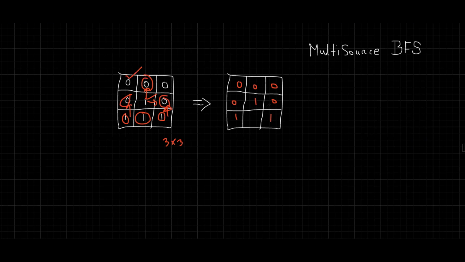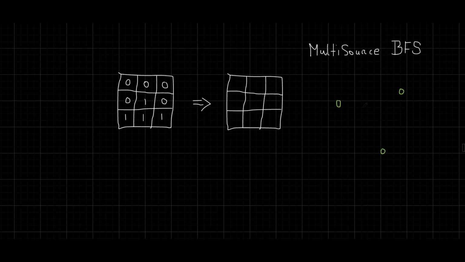Now let's see how we can solve this problem. Here, we will use the BFS algorithm. Basically, we will use the multi-source BFS algorithm. So let's visualize how the multi-source BFS basically works. Suppose here we had a source, here we had a source, here we had a source.